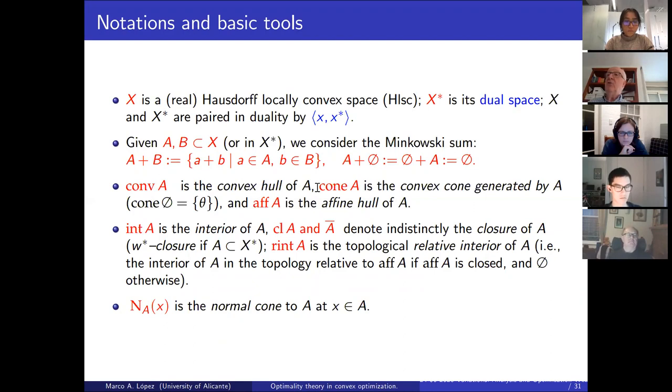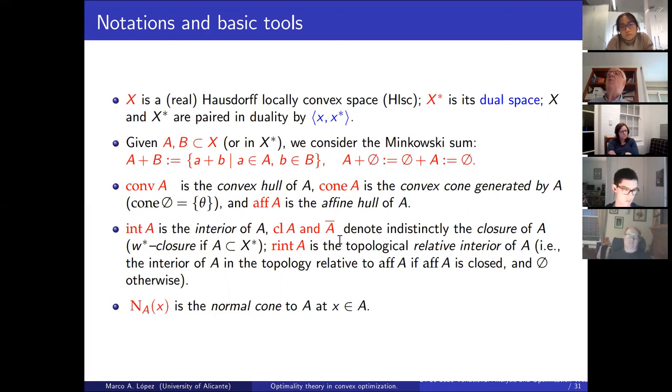Just pay attention to this, because cone of A is the convex cone, not just the cone, the convex cone generated by the set A. And also I need to assume that the convex cone generated by the empty set collapses to the origin of the space. And this is the affine hull. This is the interior of the set A in the topology of the space.